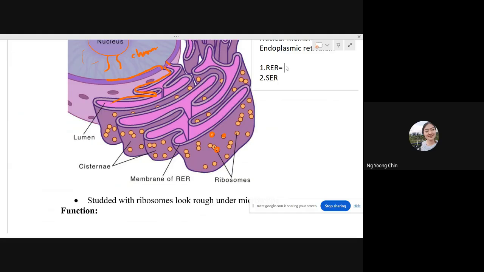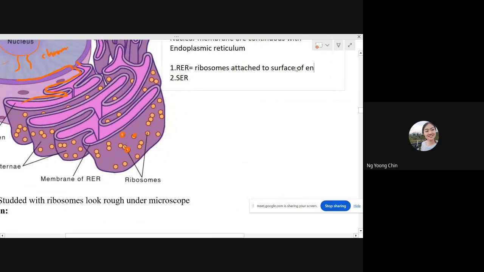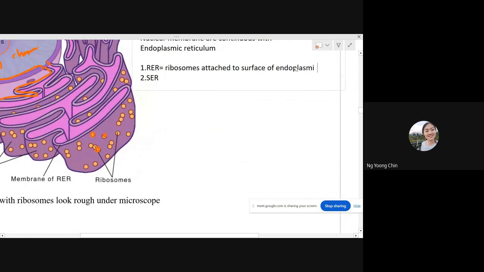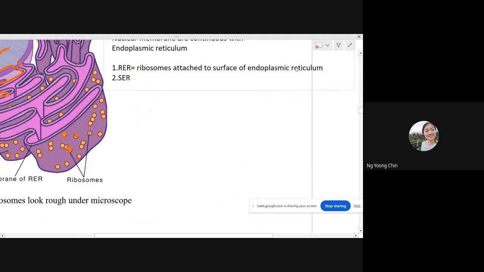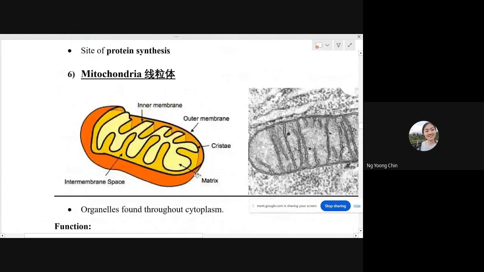Rough ER: the ribosomes are attached to the surface of the endoplasmic reticulum. Smooth ER means that there is no ribosome. Smooth ER, no ribosome. It's just a very smooth surface.